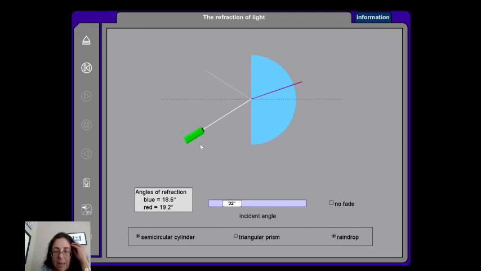You can kind of see here some of it is reflected, some of it is refracted, so you can have blue more refracted than red.